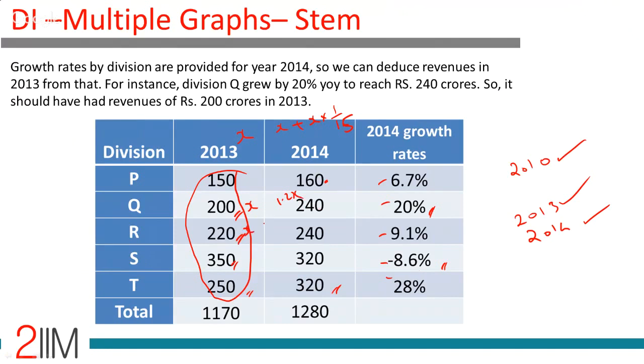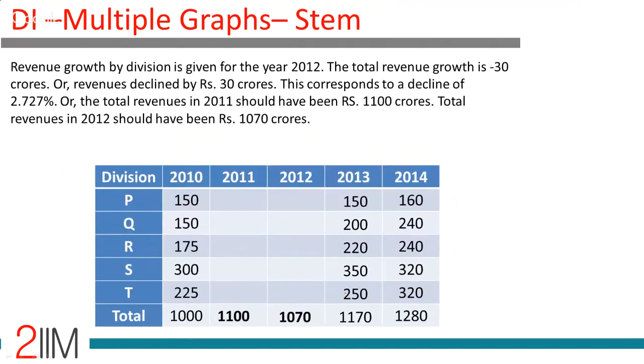If this were X, X plus X by 11 is this. If this were X, X minus 0.0857X is this. If this were X, 1.28X is this. That is the equation you are using to solve this and find all 2013 numbers. Super. So we've got 2010, 11, 12, 13 and 14.